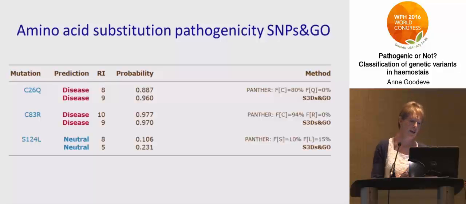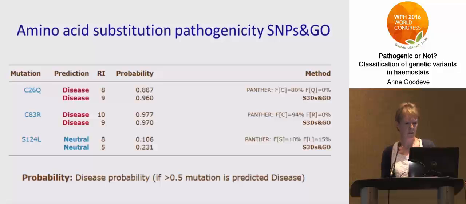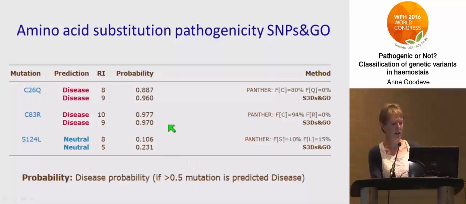And this just illustrates one of the outputs. This is from SNPs and GO, looking at 3 different amino acid substitutions and the predictions for pathogenicity. For the first one, we've got a cysteine to glutamine change, where it's predicted to be very probably pathogenic. The second one, similarly, even more likely to be pathogenic.